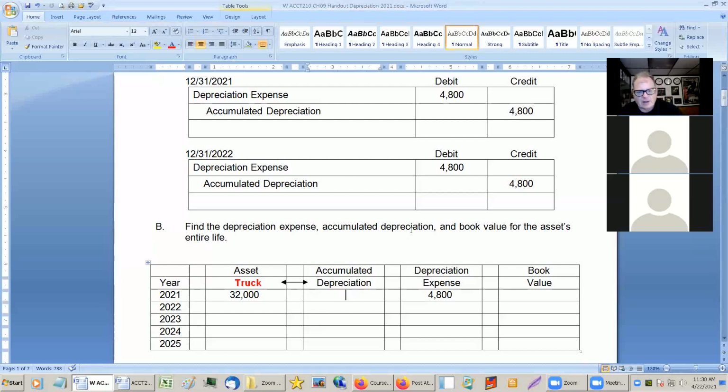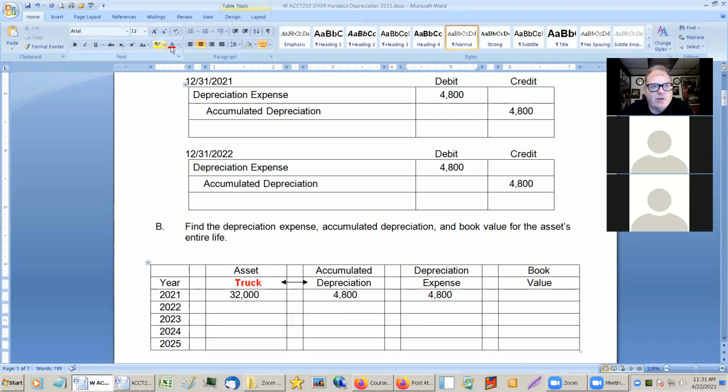So anyway, I can put those two here. So this would be 4,800. And the accumulated depreciation is just all the depreciation up to the current date. Now, in year one, this is only 1 year's worth of depreciation.